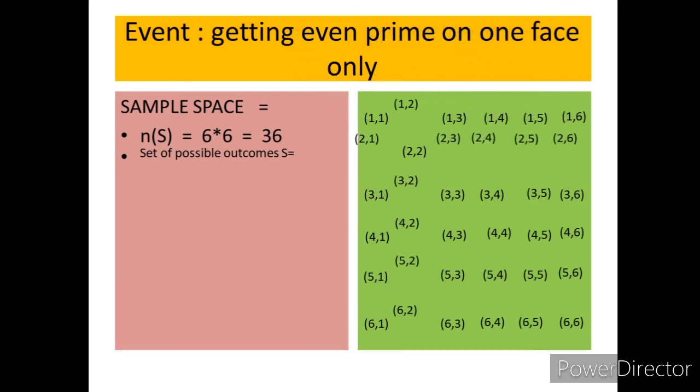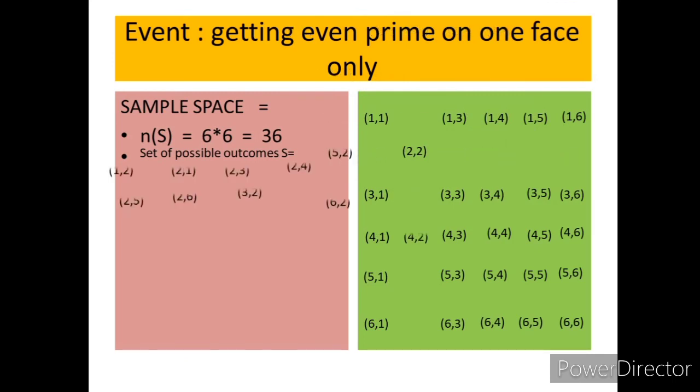All bounced are our favorable outcomes. Now I will write down all the favorable outcomes here only. Therefore the favorable outcomes are 10. Therefore 10 by 36, 2 5s and 2 18s, that is 5 by 18.